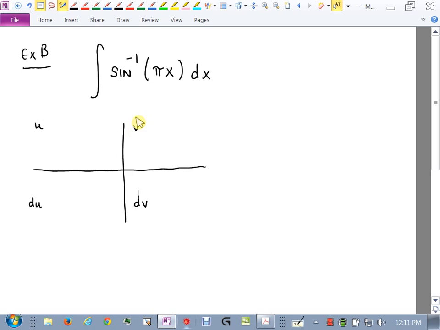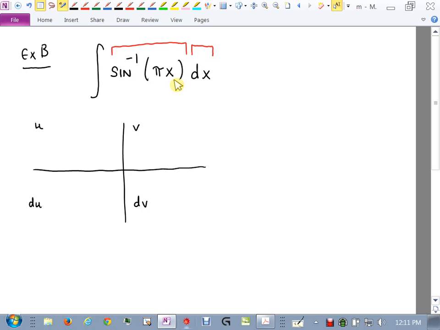Well, there are actually two parts up here. There's the arc sine of pi x, and the other part is just the dx itself.